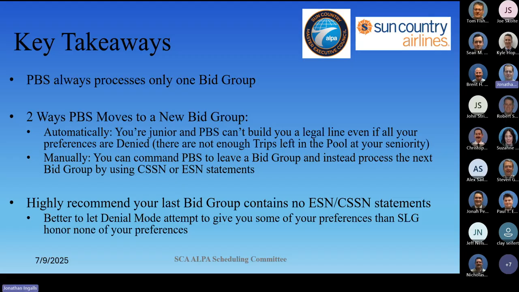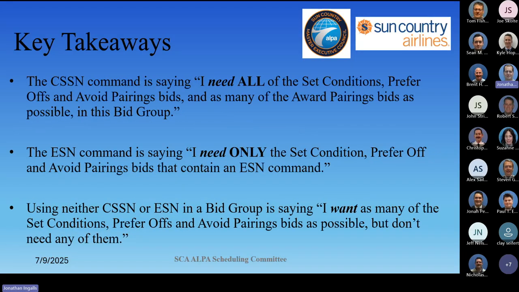The clear schedule start next command is really saying I need all of the set conditions, prefer offs, the avoids, and all of these awards in this bid group. If you can't give me the perfect schedule here, do not enter denial mode. I'm done. The L start next command is saying I want some of these, only the set conditions, prefer offs and avoid pairings that have an L start next command on them.